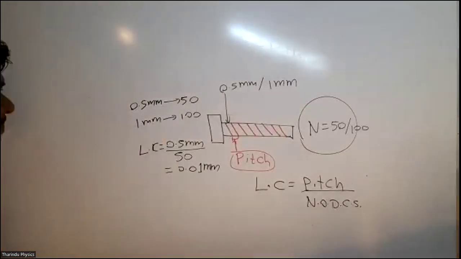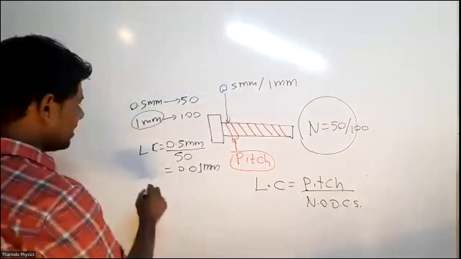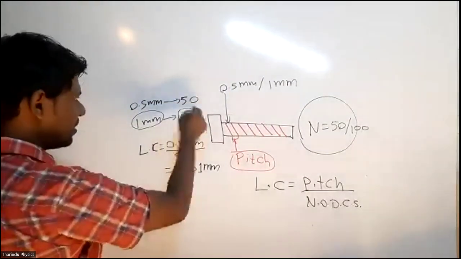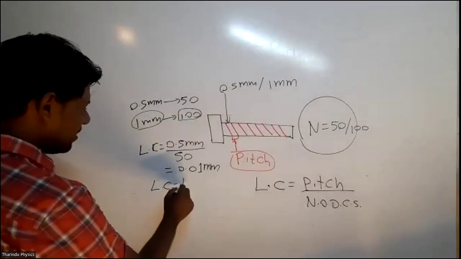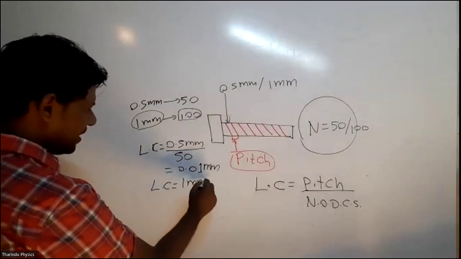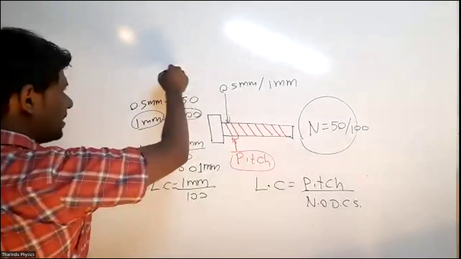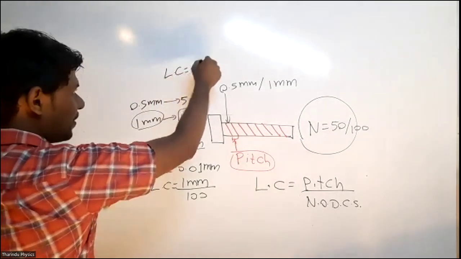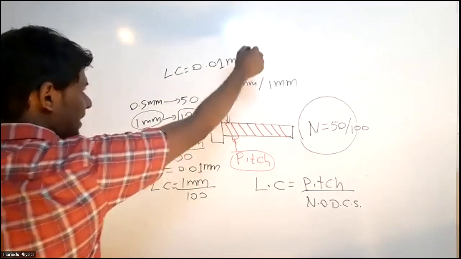And the other type is a 1 millimeter pitch scale, and you divide that into 100 equal parts. So the least count is 1 millimeter divided by 100. So your answer will be 0.01 millimeter again.